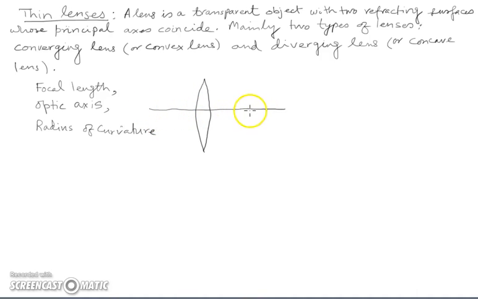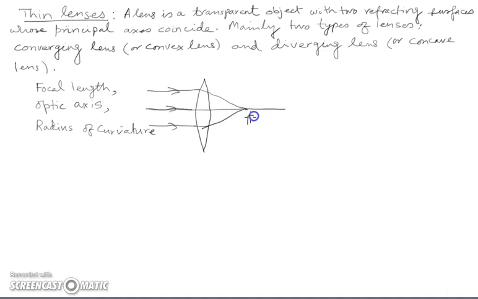So this is my common principal axis, and if I have parallel rays falling on it, let's say my collimated beam, a parallel beam falling on this convex lens, after passing through the lens they all tend to focus at one point, right? This point is called the focal point.